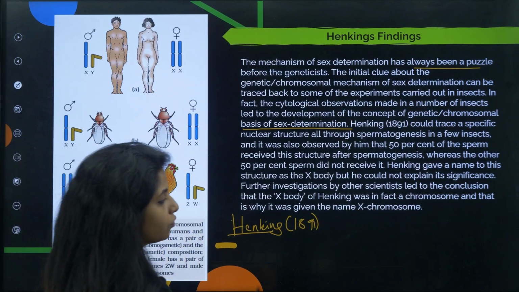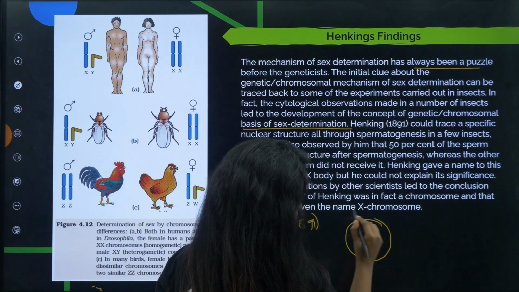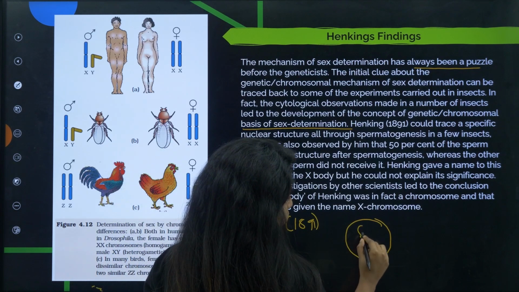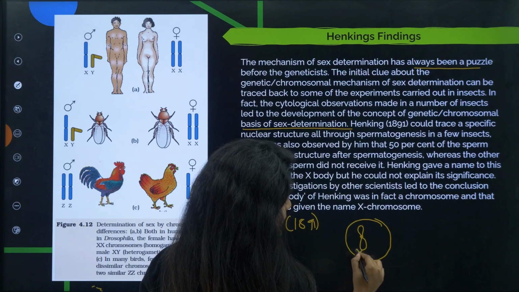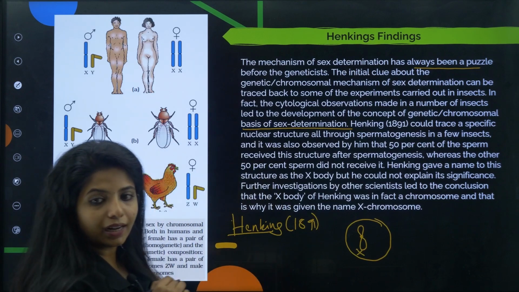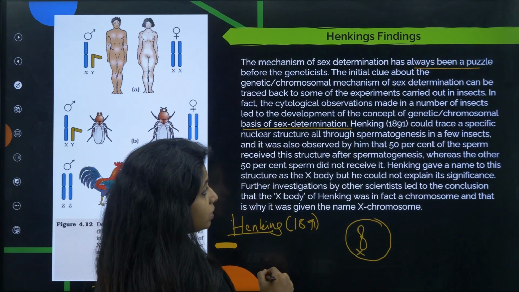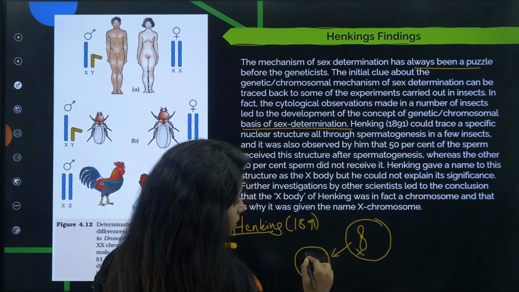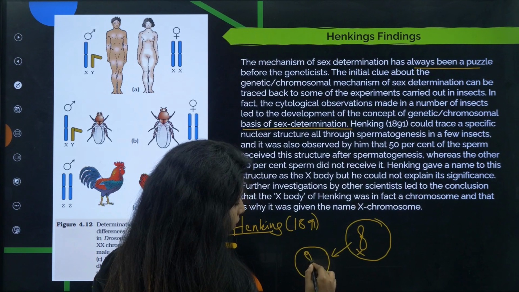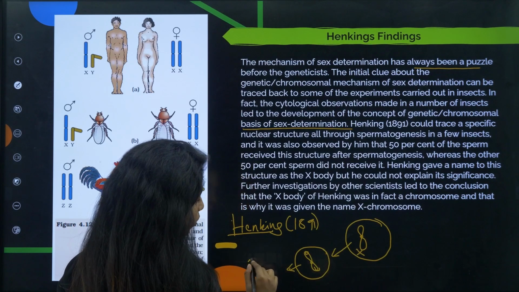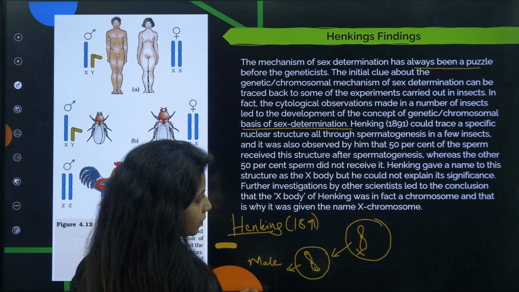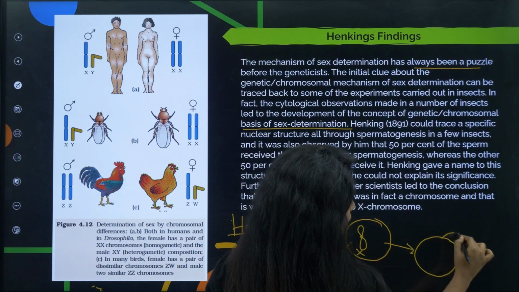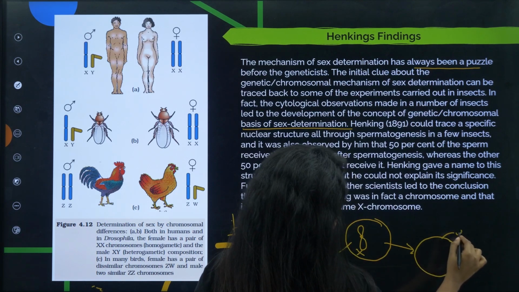So, you know, in the case of insects, there is only one sex chromosome, that is X. Other sex chromosome is not there, and he was able to find that the cell where this one sex chromosome was going down, it was a male. Where the sex chromosomes were not going down, it was what, children?